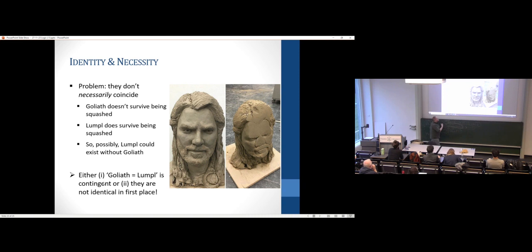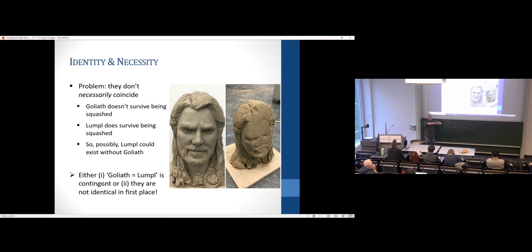So this means that you could have Lumpel and Goliath come into existence at the same time, and then you drop it. And Goliath ceases to be, but Lumpel's still around. Now, why does this matter? Well, if it's possible for Lumpel to continue to exist and Goliath to not, then the identity claim is merely contingent.